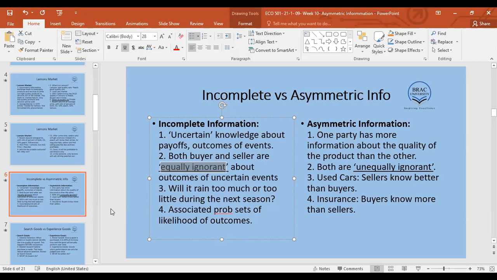Yes, this is symmetric, but it has nothing to do with the behavior of either the bank or the behavior of the person who's taking the loan. Now is it clear? Behavior? For example, in a used car market, if the seller wants, the seller can cheat the buyer, right? But when we are looking at random effects like weather, random effects like a pandemic, does the bank know that a pandemic will happen?